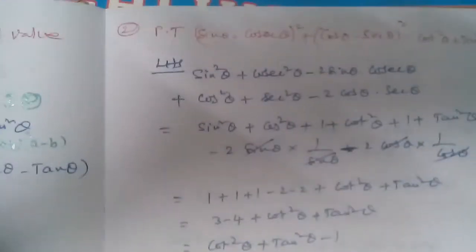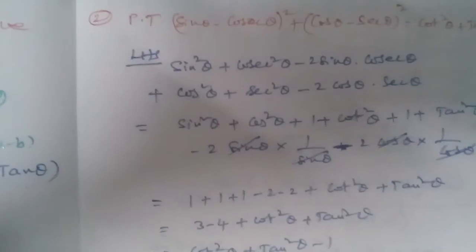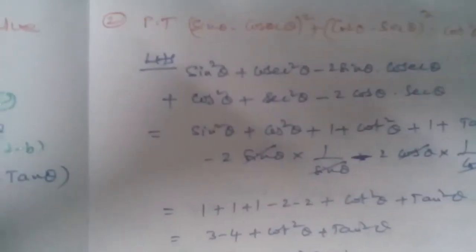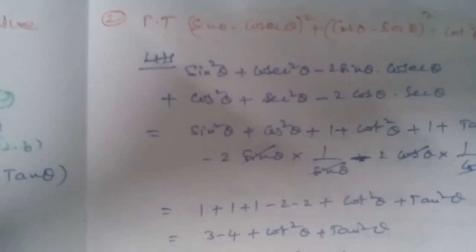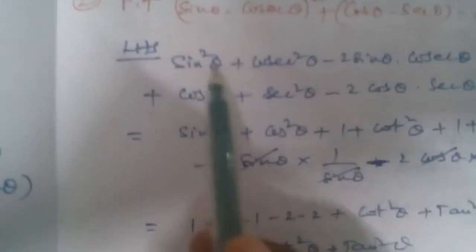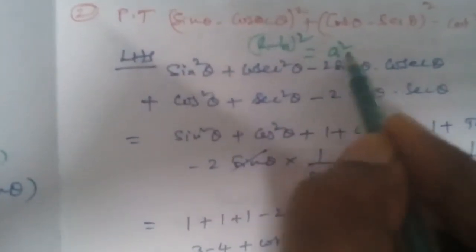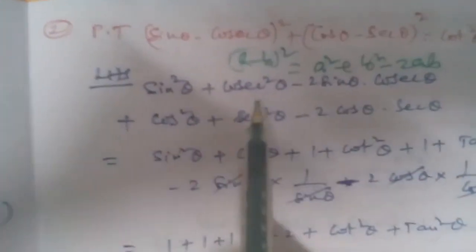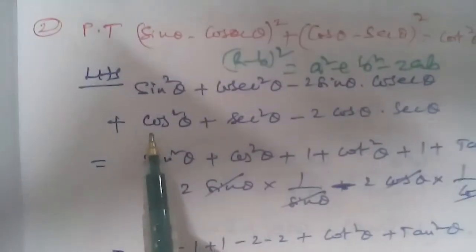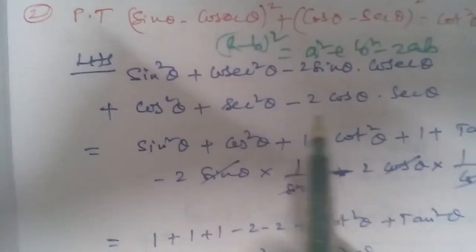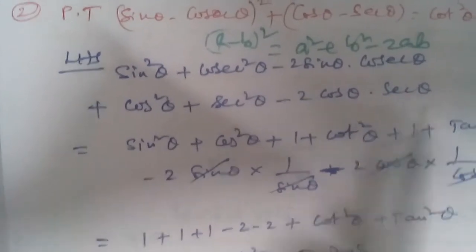The second question: sin theta minus cosecant theta whole square plus cos theta minus secant theta whole square is equal to cot square theta plus tan square theta minus 1. So it is in the form of again a minus b whole square, a square plus b square minus 2ab. I am writing sin square theta plus cosecant square theta minus 2 sin theta into cosecant theta, cos square theta plus secant square theta minus 2 cos theta into secant theta.